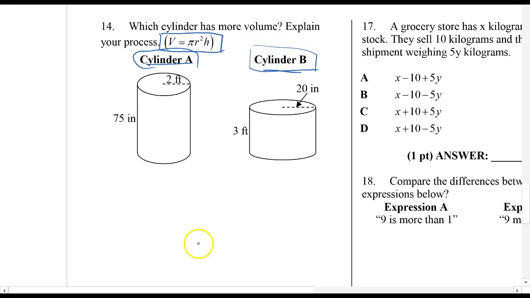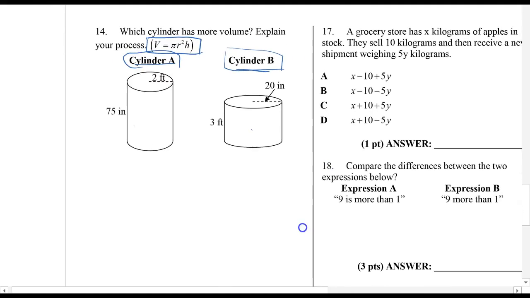In order to see which one's bigger, both of these need to be in the same measure. Now you'll see we have inches and feet and inches here. So we need to choose right now which one we're going to use. Are we going to use inches or feet? You can use either one because it doesn't say use inches or use feet. You have to choose.